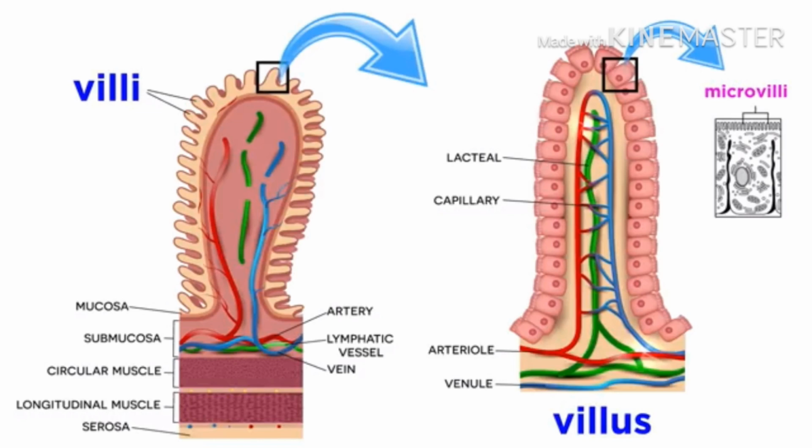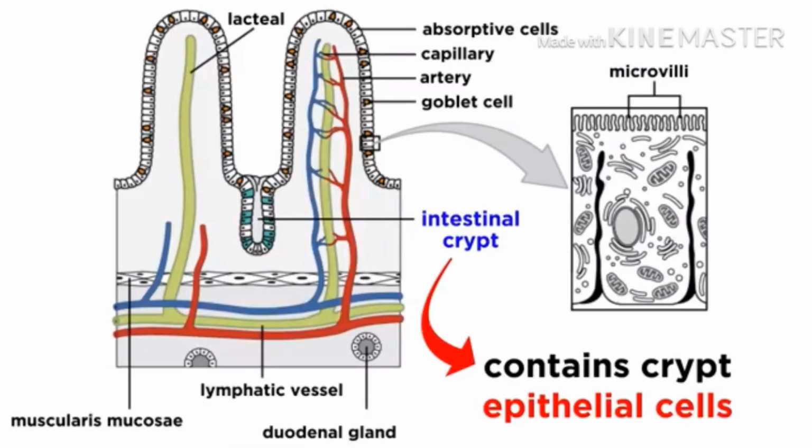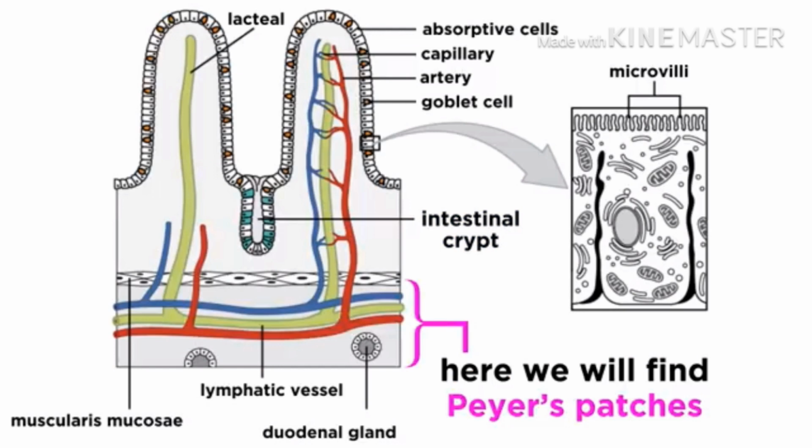Crypt epithelial cells secrete intestinal juice, which contains mucus and helps with absorption in the mucosa of the small intestine. It is also where we find Peyer's patches, lymphoid tissue we will learn about in the lymphatic system.